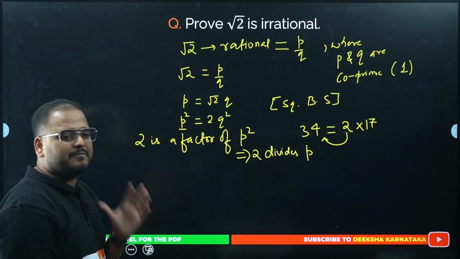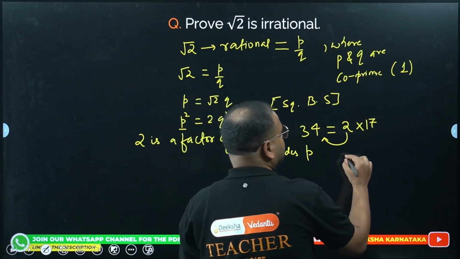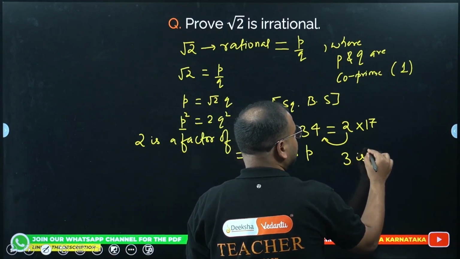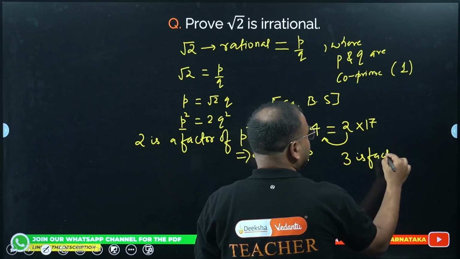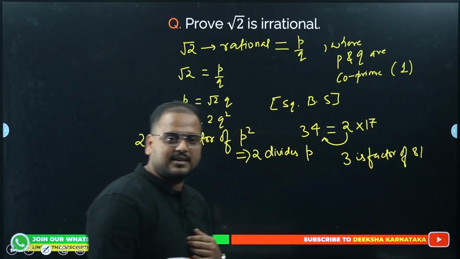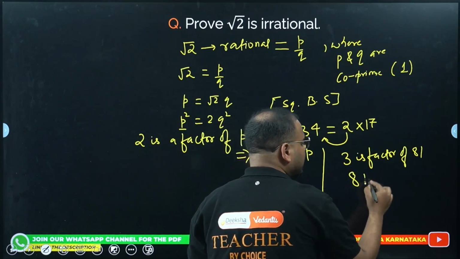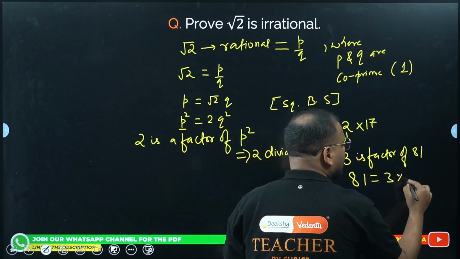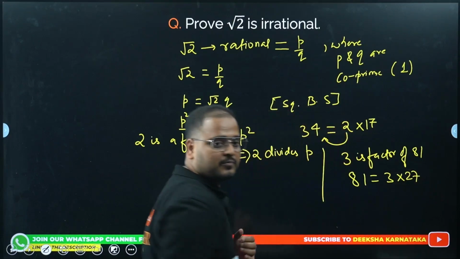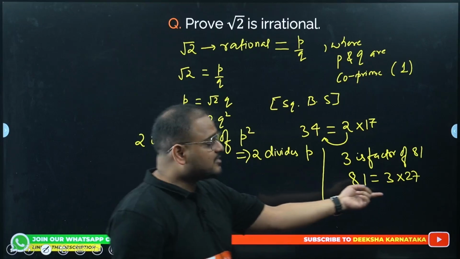Okay. Now if I say a number is a factor of another number, for example, if I say 3 is a factor of 81, then I can write 81 as 3 times 27. So for any number which is a factor of a given number, I can write in this format.